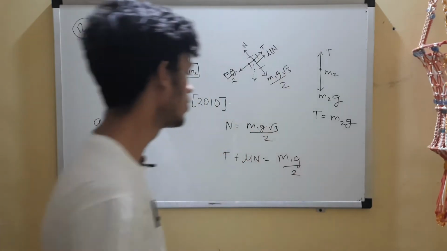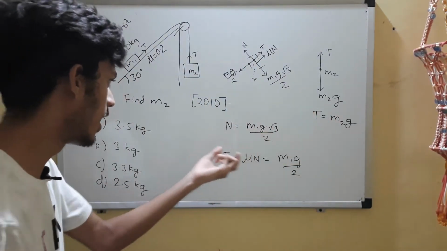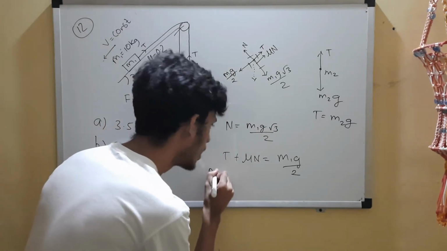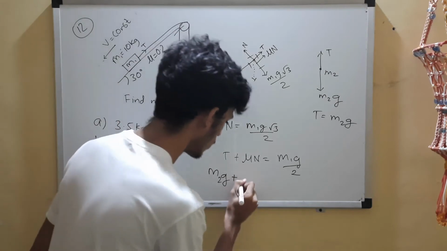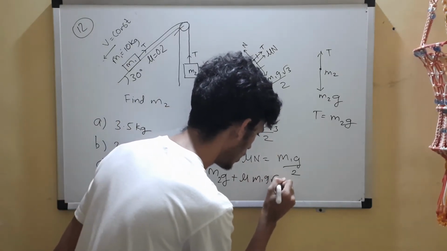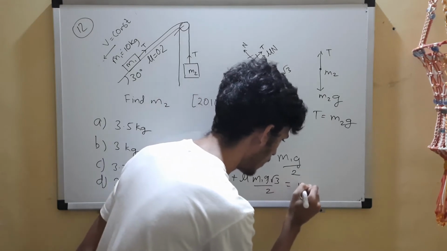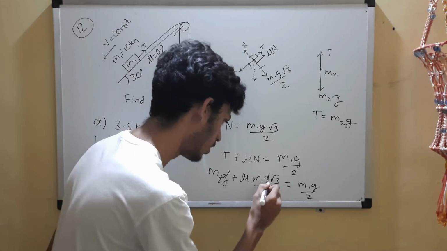Basically you can substitute all the values here, value of T from here, N from here. So T is m2g plus mu N. Mu N is mu m1g root 3 by 2 equals m1g by 2. You can cancel g throughout.